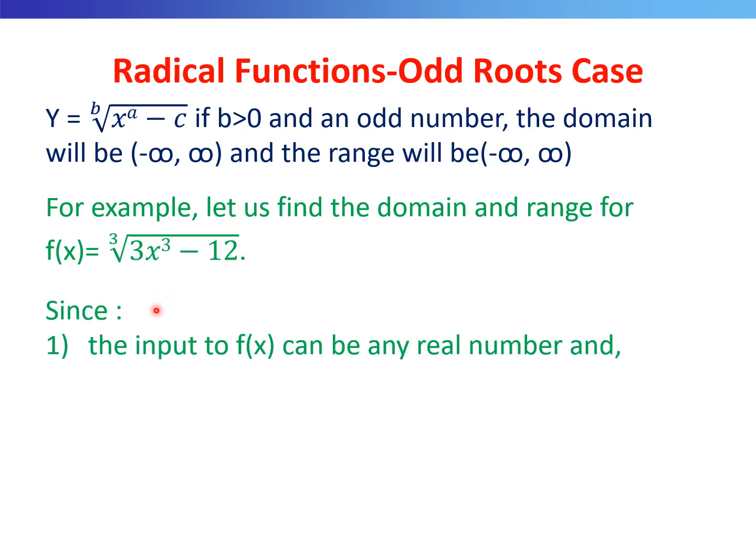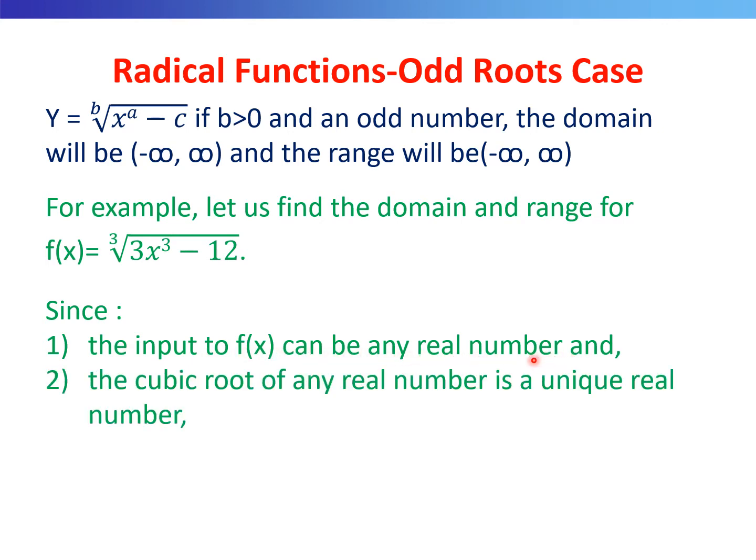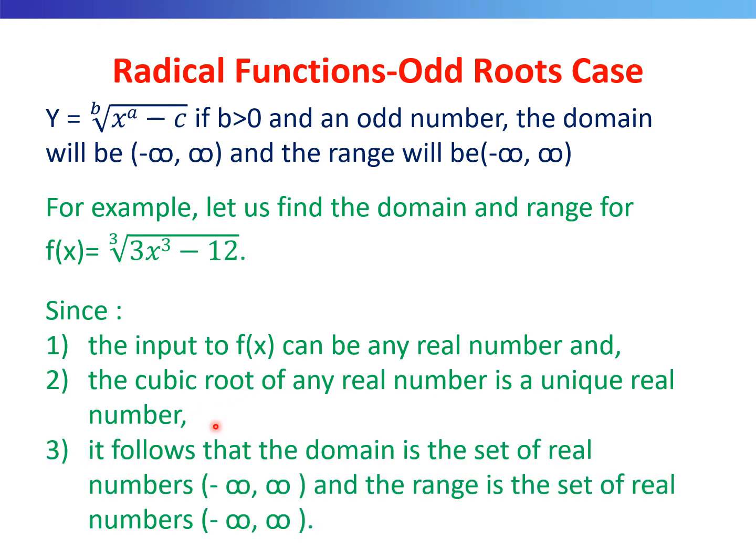Since the input to f of x can be any real number, and the cubic root of any real number is a unique real number, it follows that the domain is a set of real numbers from negative infinity to infinity, and the range is the set of real numbers from negative infinity to infinity.